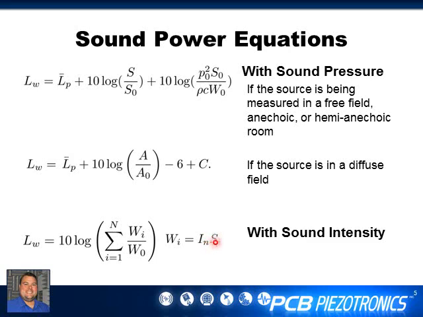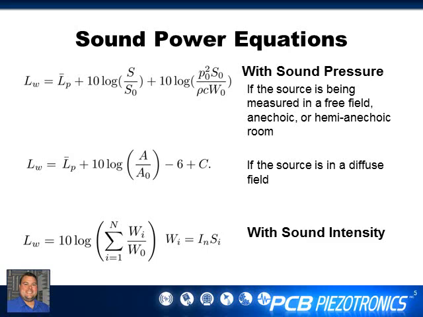And in the last equation, you see sound intensity, which is actually directly derived from sound pressure, from both the sound pressure and the particle velocity, which is derived from sound pressure. So no matter which one of these equations you're looking at, it starts with a sound pressure measurement with a microphone.